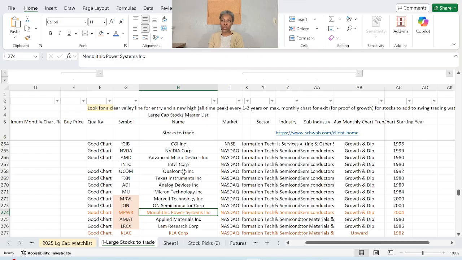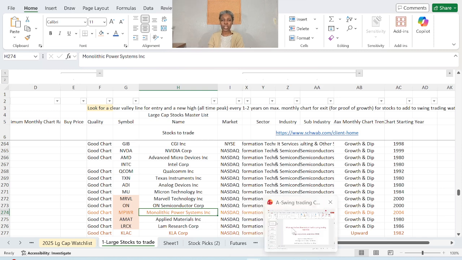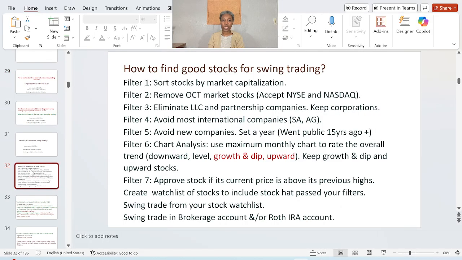If you have a Schwab account, you'll be able to filter stocks there and download them as a CSV. From there you can trim down stocks that you don't want to swing trade using criteria.